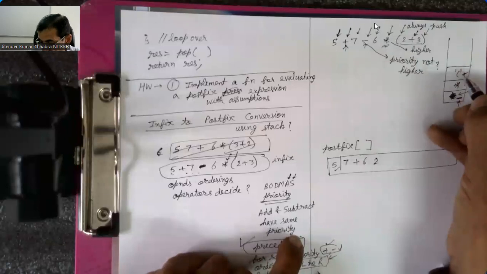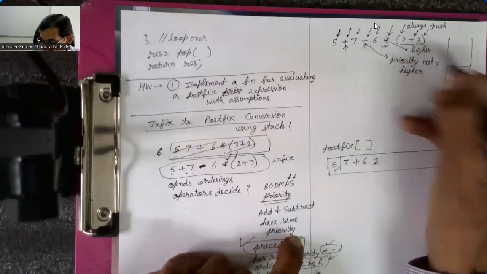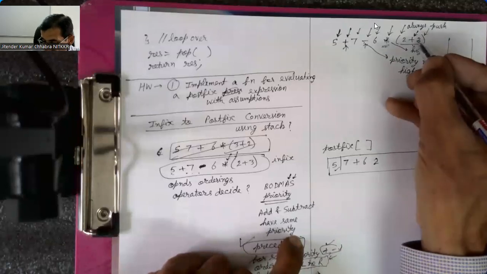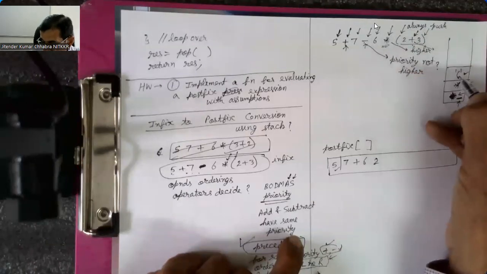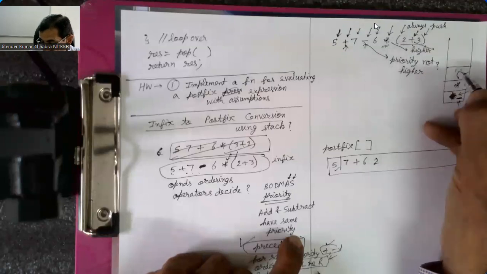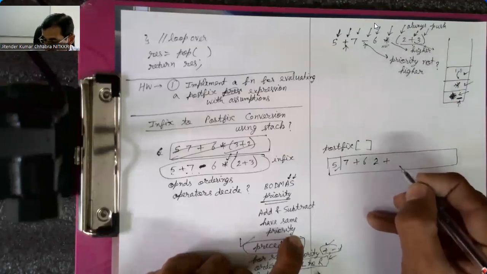Plus will be compared with the corresponding priority within the stack, because plus could have minus before it, etc. But because bracket is there, I will say fine, bracket should have a lower priority, plus has more priority than this in terms of stack processing, because plus has to get corresponding data and bracket will ensure that I will be again pushing. So plus will be pushed.